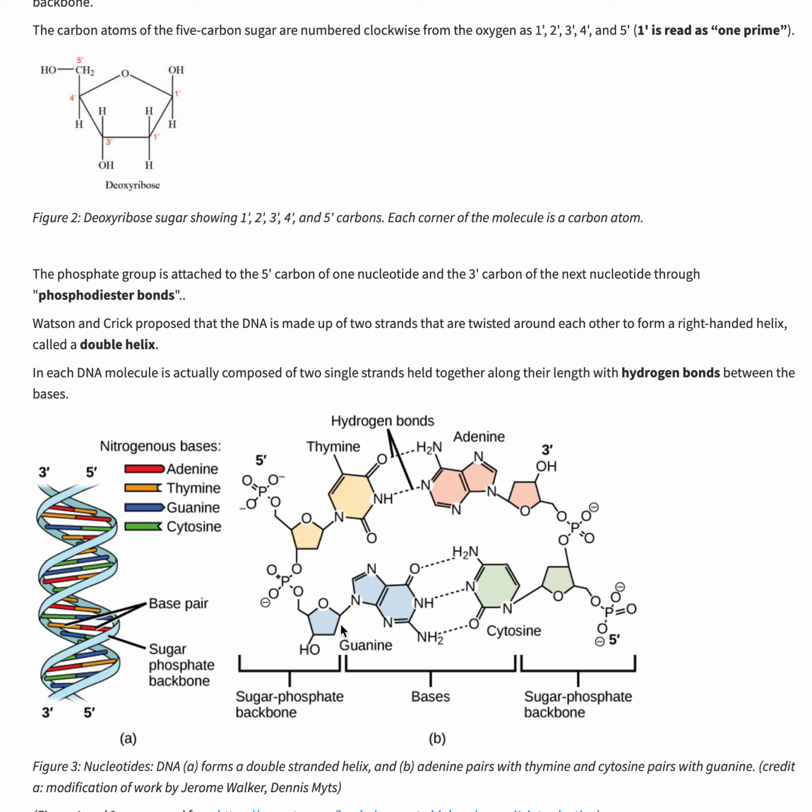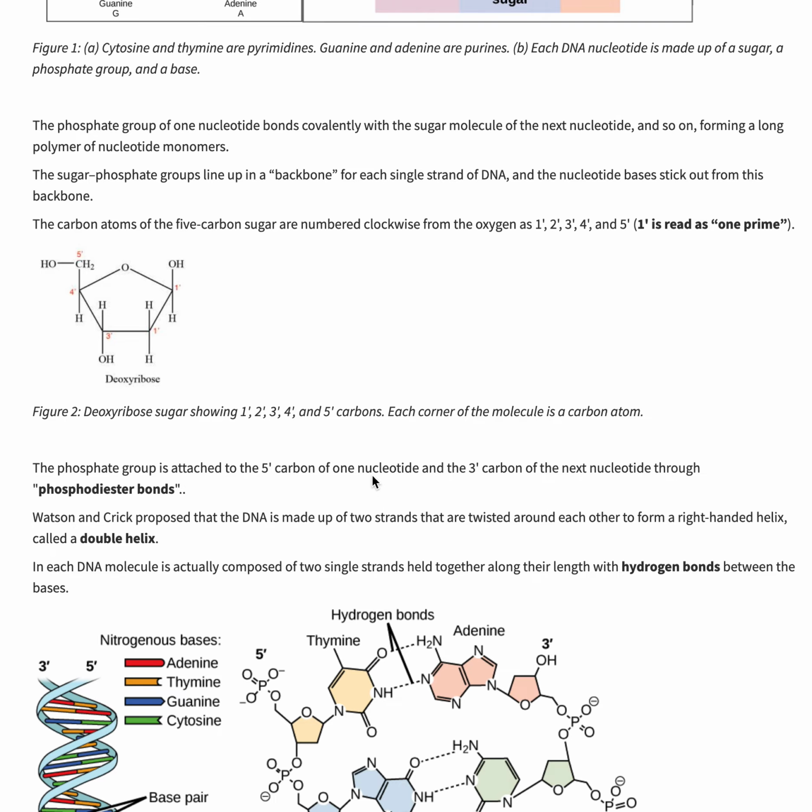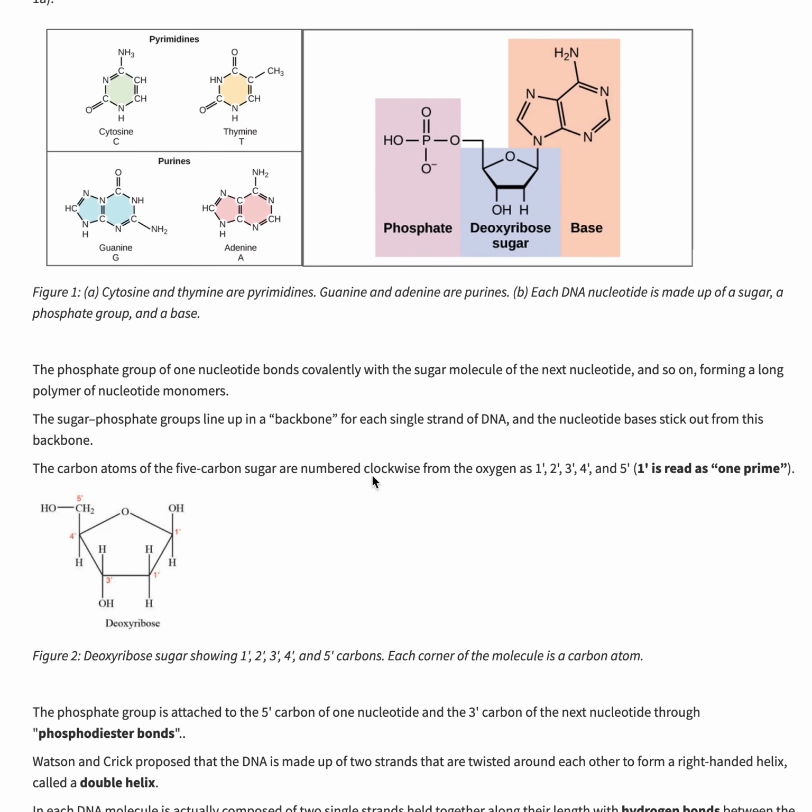In one strand, if you want to bond one nucleotide with the second nucleotide, it's only bonded through a phosphodiester bond. But if you want to connect one strand with the second strand, it's bonded through hydrogen bonds between nitrogenous bases. I hope that's clear, and that's the structure of DNA that you need to learn.